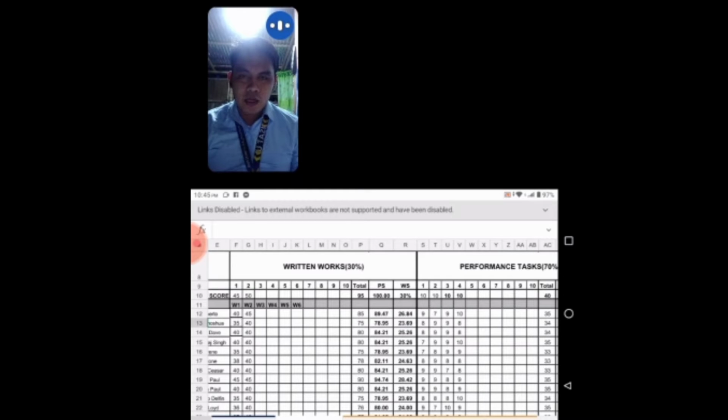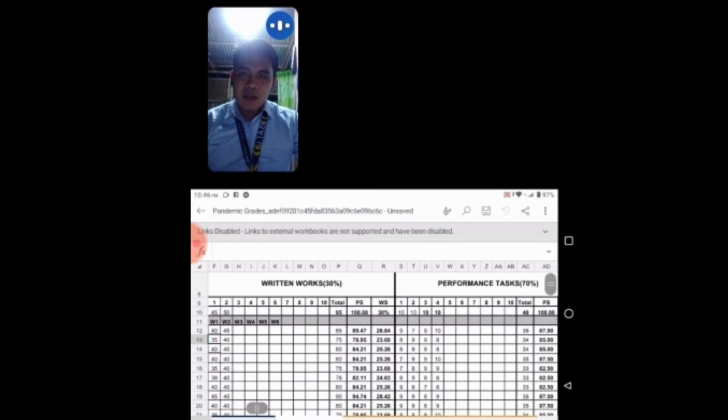In the electronic grade sheet or pandemic grades, we can see two major criteria. In the manual grade sheet we can solve three different kinds of criteria: written works, performance tasks, and quarterly examination, whereas the pandemic class record has only two categories: written works, which is 30%, and performance tasks, which is 70%.